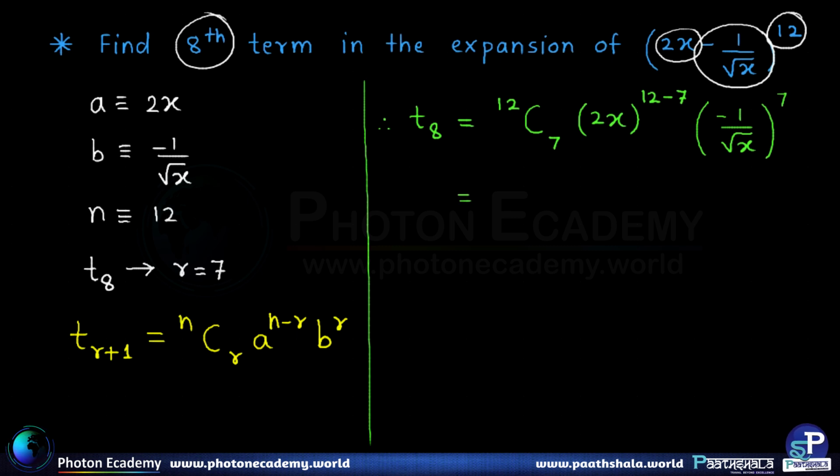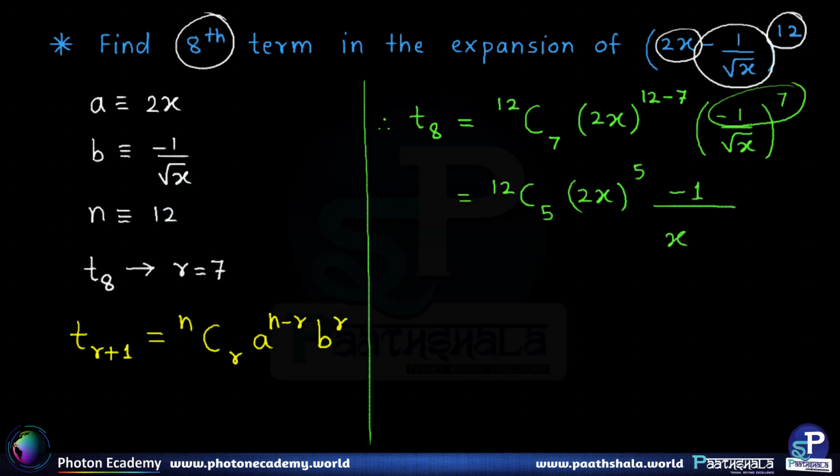So this is equal to 12c5, then you have 2x whole raised to 5. Now you see minus 1 raised to 7 will be nothing but minus 1 only, and here we have root x standing for x raised to half, and that will get raised to power 7. We write 12c5 as it is, that you can solve separately, it's not the important point in this question.